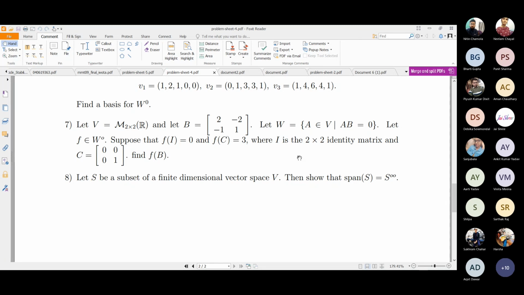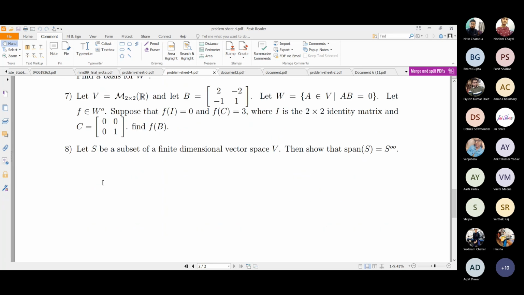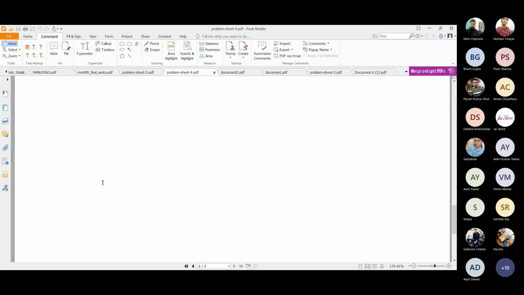Any doubt? So, all right. Moving further, this question number 8, which is the last question of the sheet, I think so.